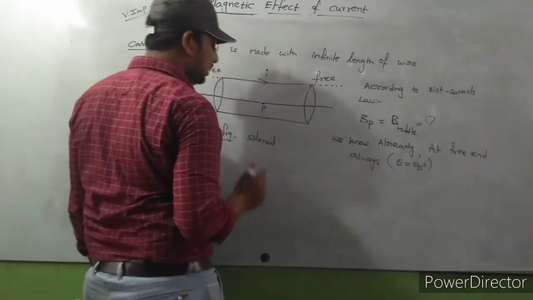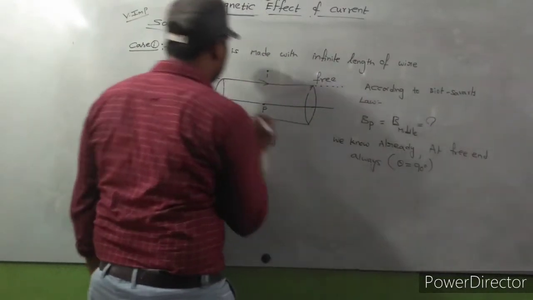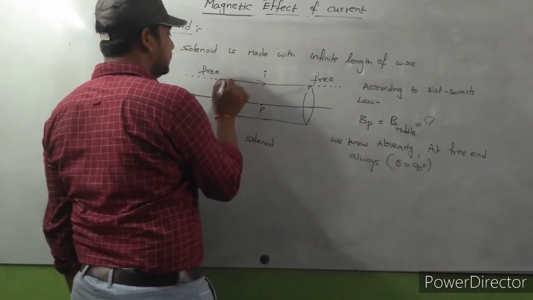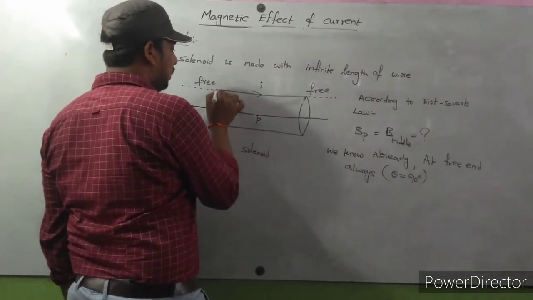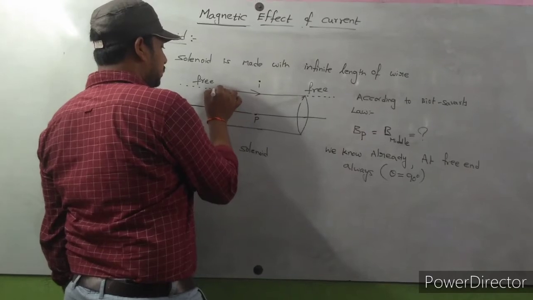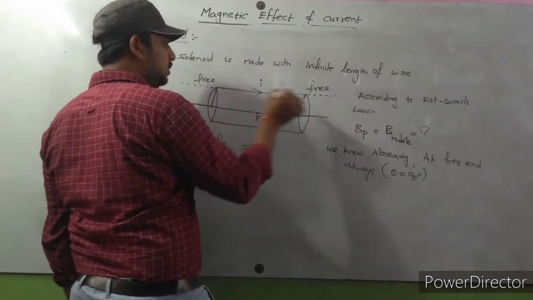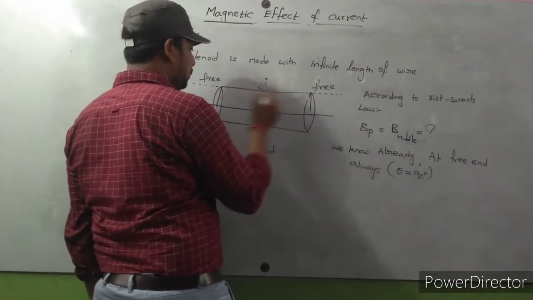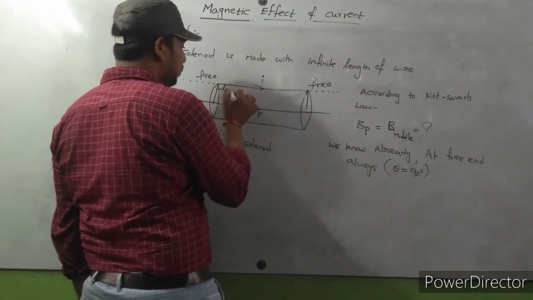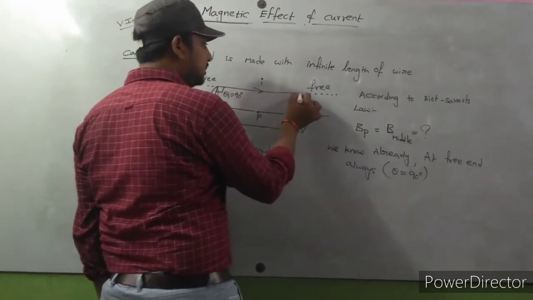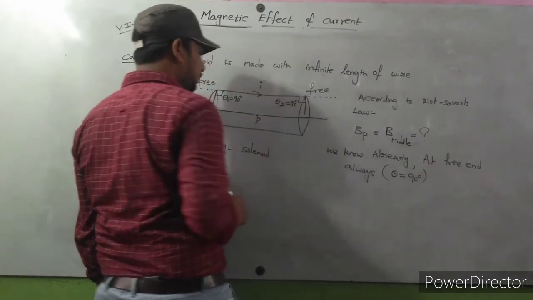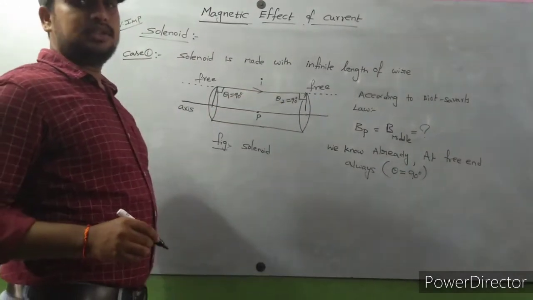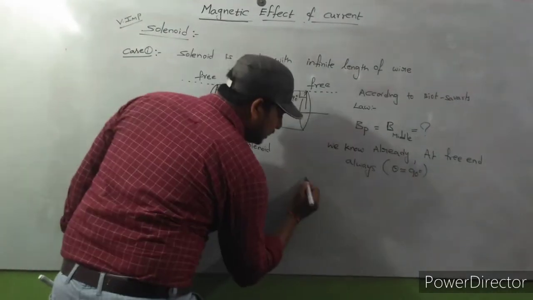Here two free ends are there. So that's why I consider some theta 1 and theta 2. Theta 1 is equal to 90 degrees, theta 2 is equal to 90 degrees. Two angles are there.